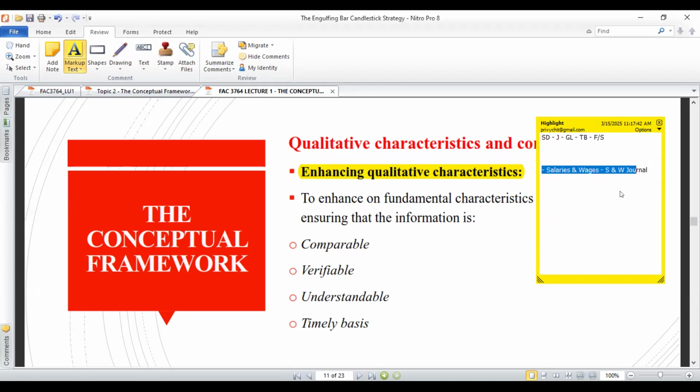So when you're saying that financial statements are verifiable, it means that there are records that exist which we can use to verify whether the information conveyed in the financial statements is true or not. And that's where the trial balance comes in. Journals and source documents also come into the picture.